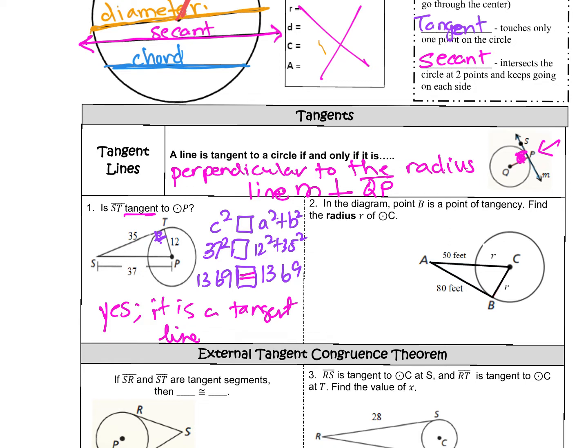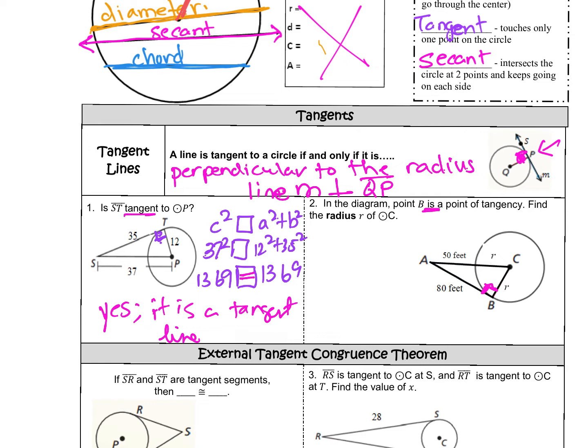Let's look at the next one. On this one right here, it says in the diagram point B is a point of tangency. So since it's a point of tangency, it is a 90-degree angle. Then it says find the radius. So right here, we're still going to use the Pythagorean Theorem, a squared plus b squared equals c squared.